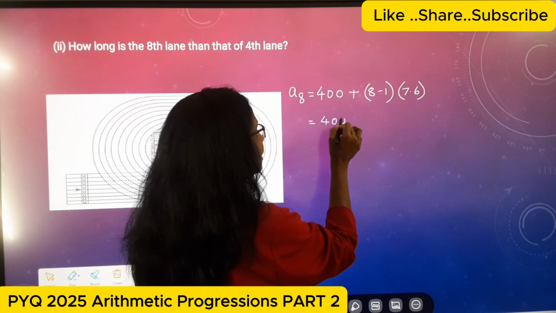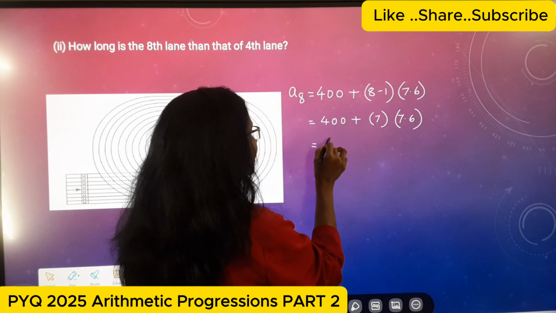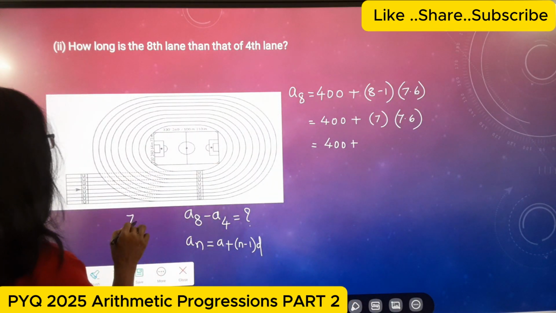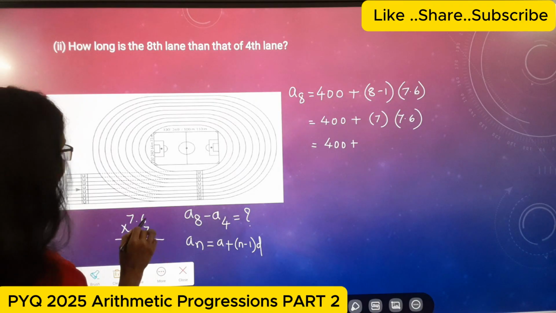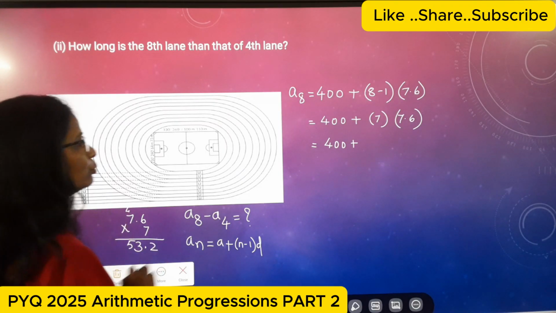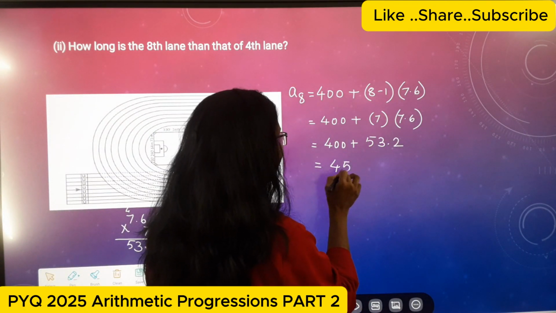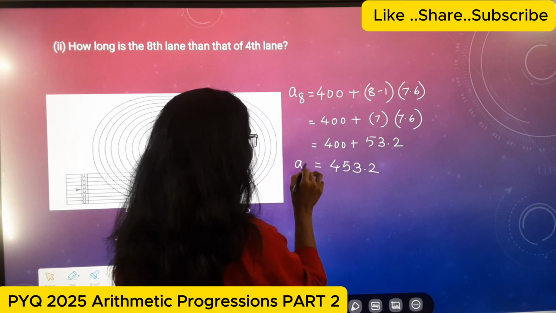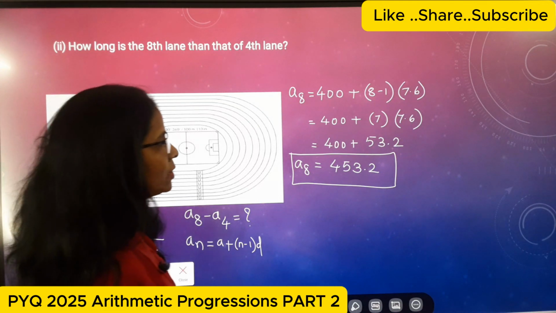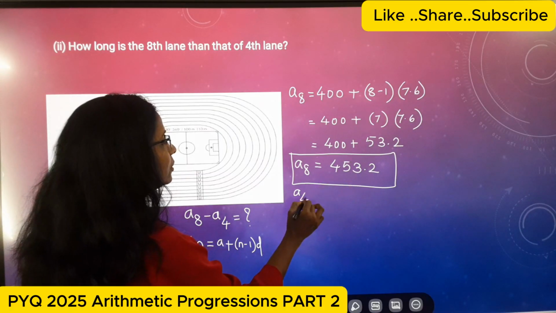So 400 plus 7.6 multiplied by 7, that is 53.2. So that means 453.2. A8 is equal to 453.2.